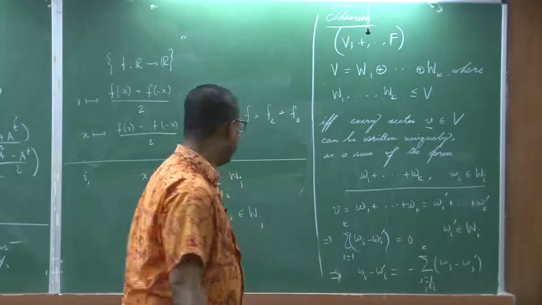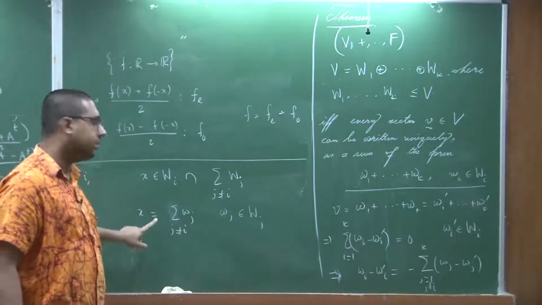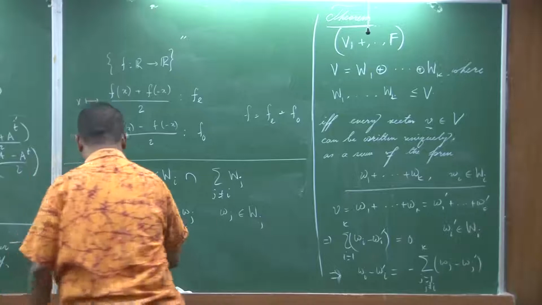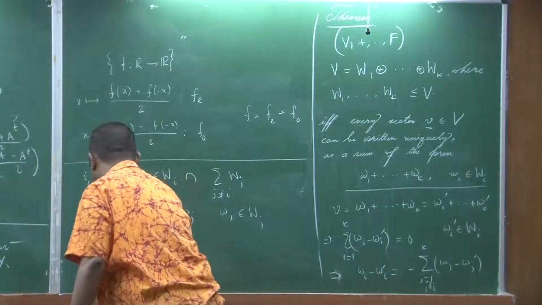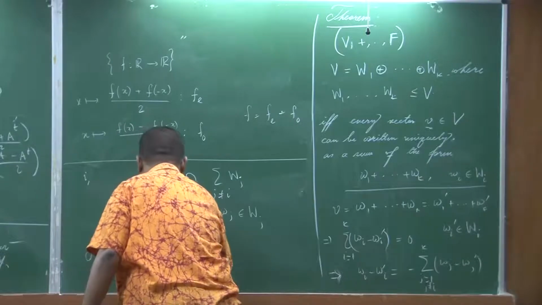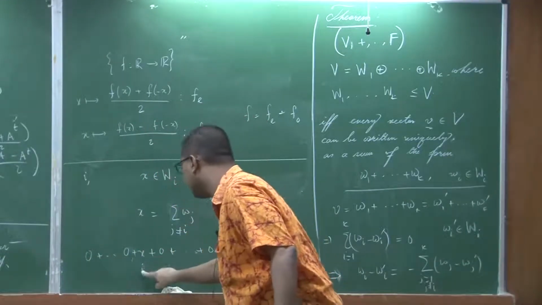So this x admits two different representations. One representation is 0 plus 0 plus 0, with only the ith place being x and the rest 0.